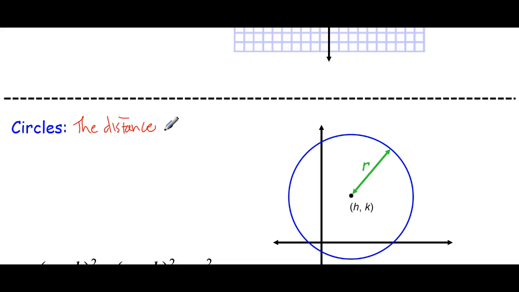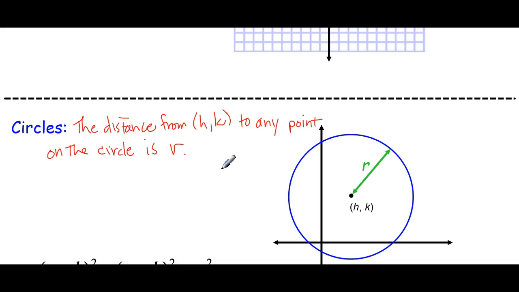So the distance from (h, k), because that's the coordinates I'm going to use for my center, the distance from (h, k) to any point on the circle is some number which we're going to call r.